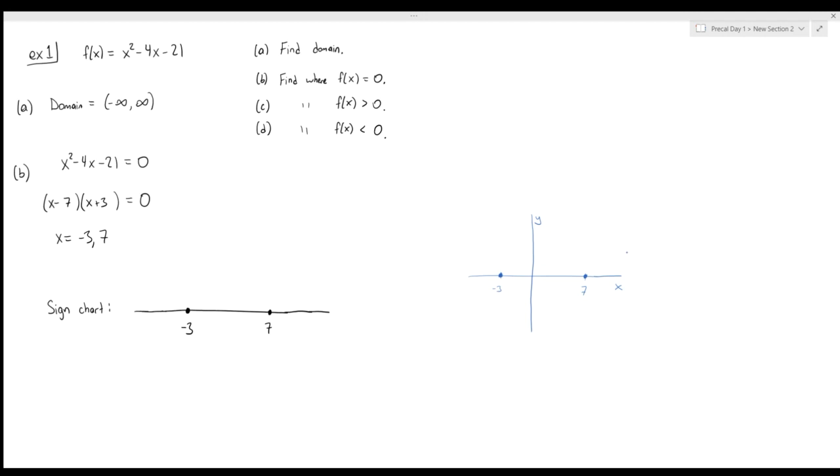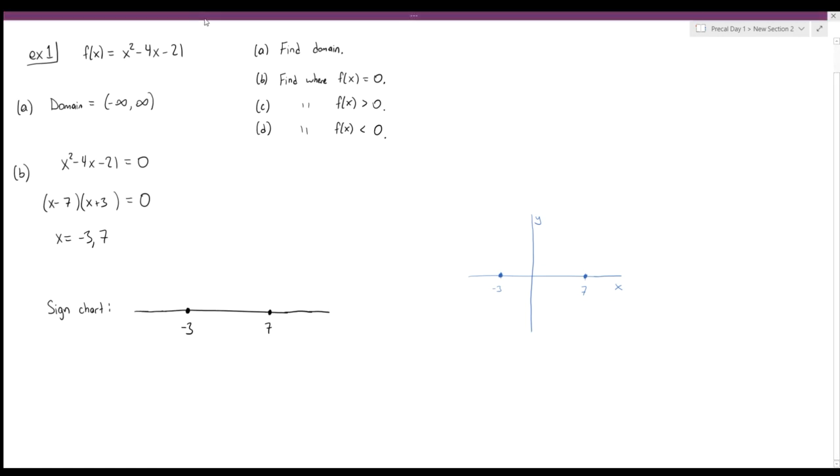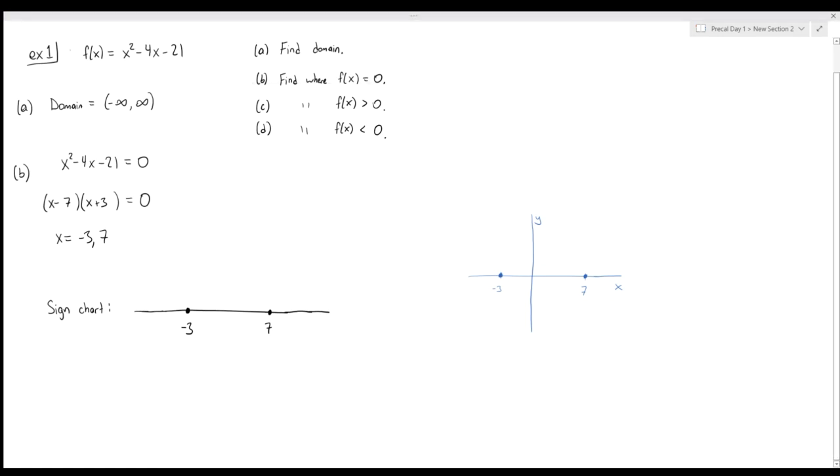To get a sense of why that has to be the case, imagine if, in this interval out here, our function was not always positive or always negative, meaning that at some point it was positive, but then it became negative.